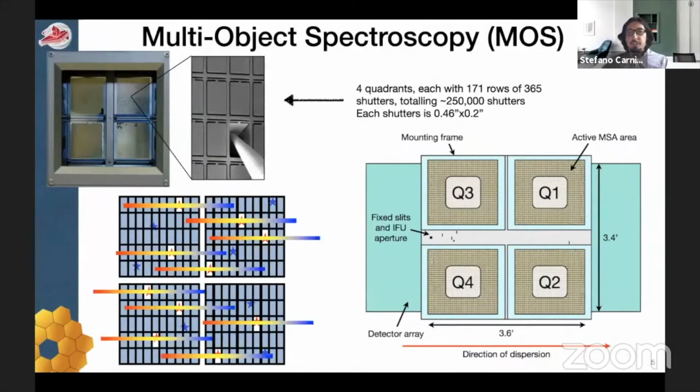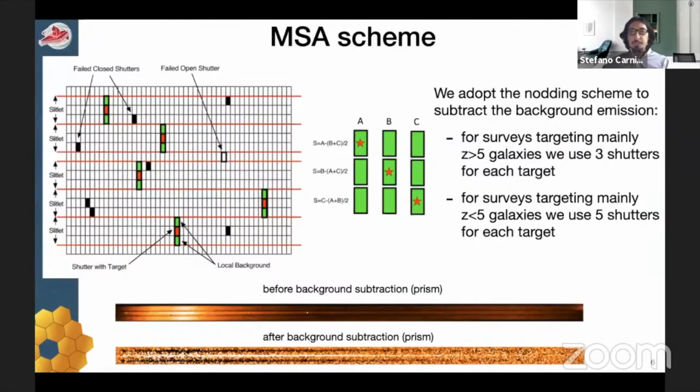In the GTO program, the idea is to use 3 shutters for each target, and then we adopt the nodding scheme to subtract the background emission. You can see an example in the bottom figures: the 2D maps before and after subtracting the background emission.